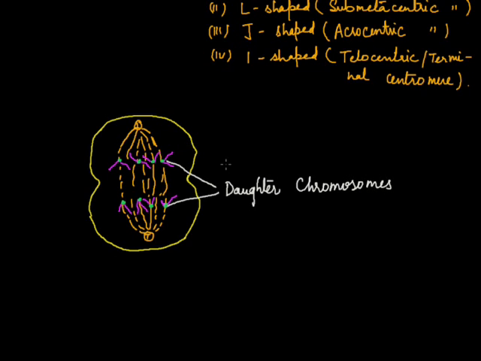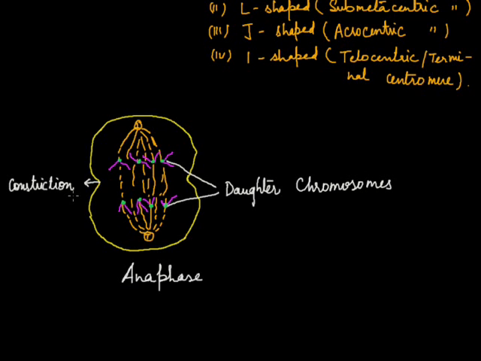You can clearly see the difference between the daughter chromosomes and the parent chromosome: the parent chromosome contained two chromatids, whereas the daughter chromosomes contain single chromatids. So basically, the daughter chromatids are formed by the separation of the two chromatids of the chromosome. This ensures that the two daughter cells receive the same number of chromosomes. This is representing anaphase. As we can see, a constriction has started developing at the end of anaphase, which marks the start of cytokinesis also.